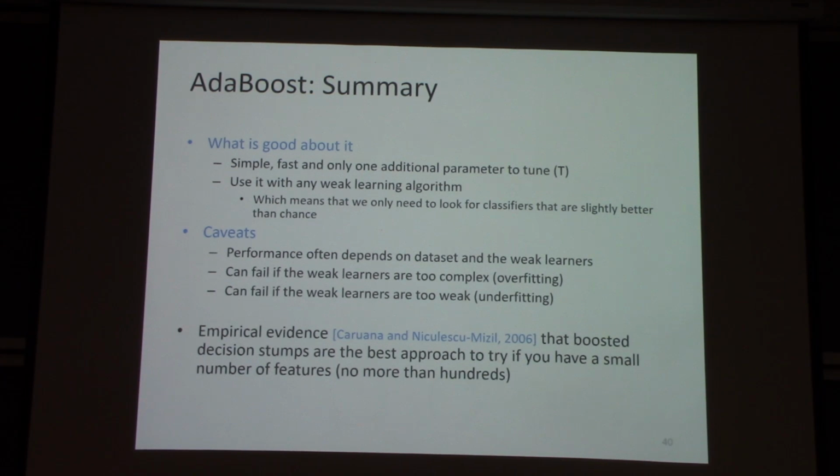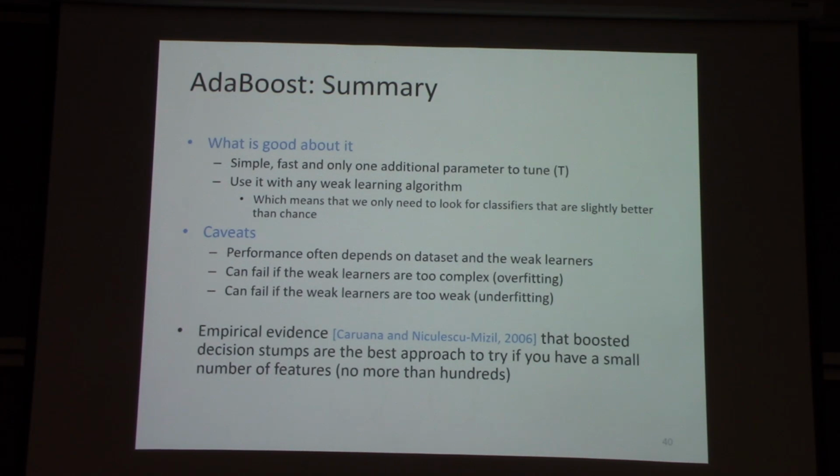It ends up being good, and this is actually also borne out in the industry. Some of our students, including Gianni, who's a TA, was an intern, and a lot of industry ML applications end up using boosted decision stumps. So it's good to understand this idea.